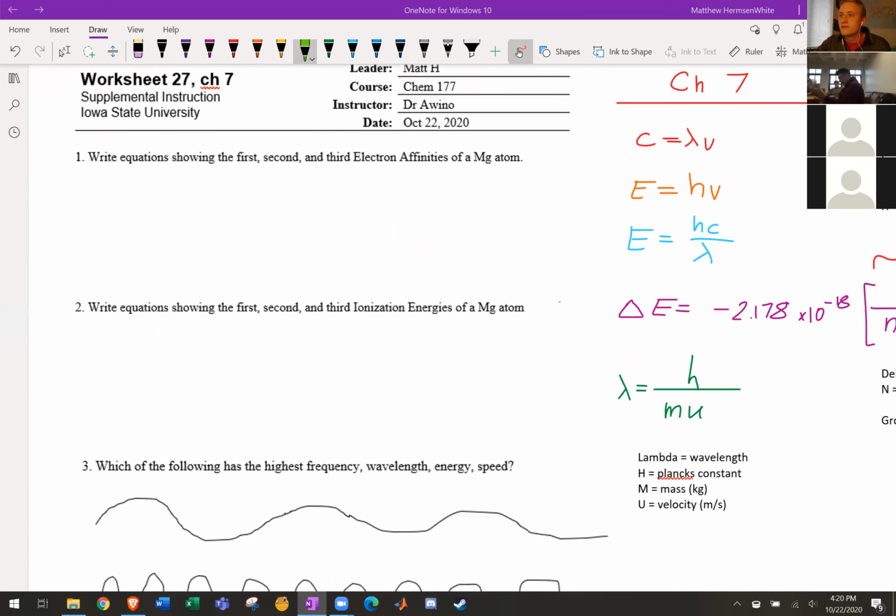All right, so let's start doing number 1 and 2 here. For number 1, I'm looking for the equations showing the electron affinities, and for number 2, the equations showing ionization energy. So if you were here yesterday, can anyone tell me what electron affinity means?